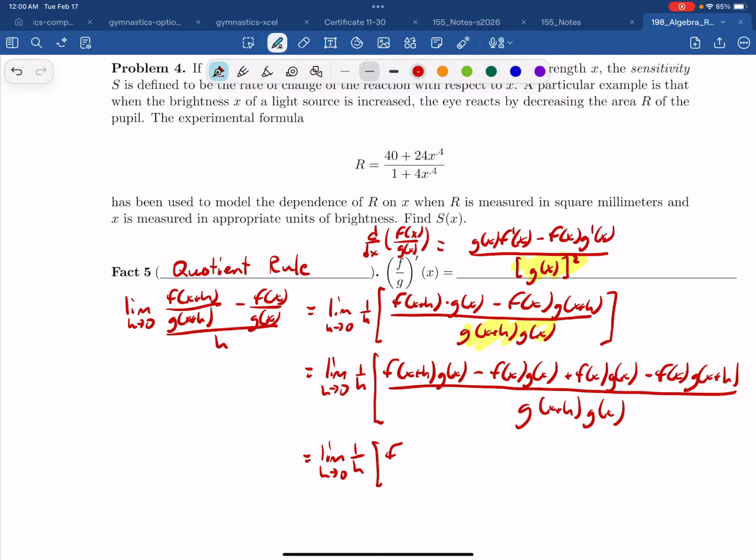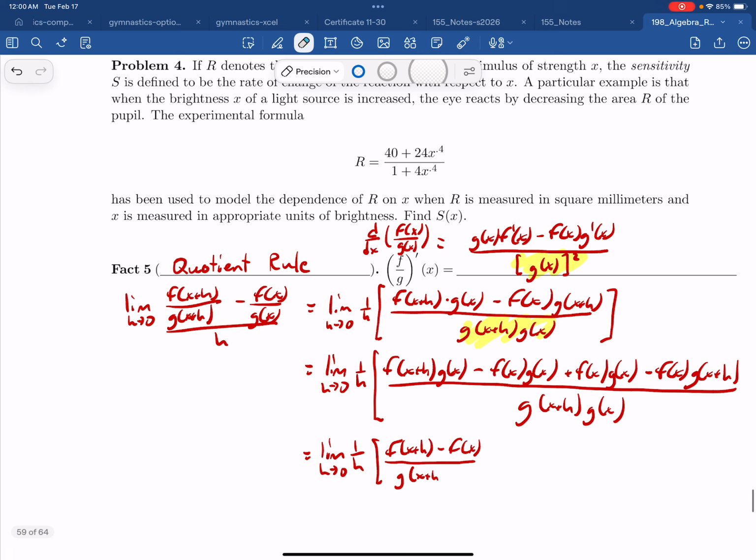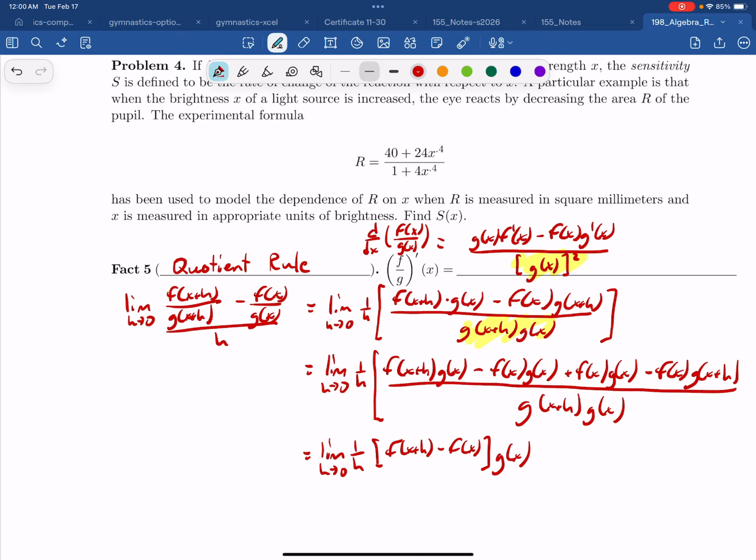So we're going to get f of x plus h minus f of x, times g of x.